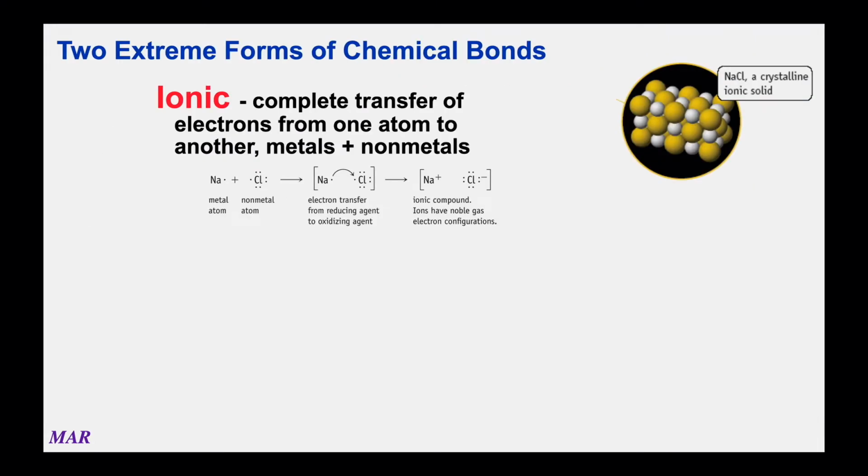As a quick review from Chem 221, there are basically two extreme forms of chemical bonding. One form we talked about a lot was ionic bonds. In an ionic bond, the metal usually loses an electron to the nonmetal, and the resulting positive-negative attraction is called an ionic bond. Those are very strong bonds with very high melting points.